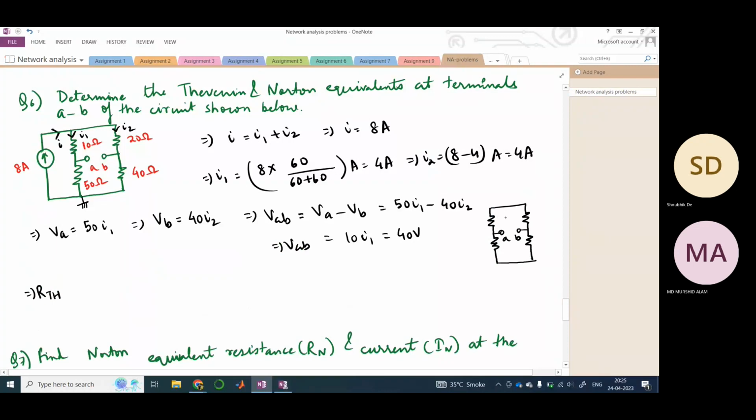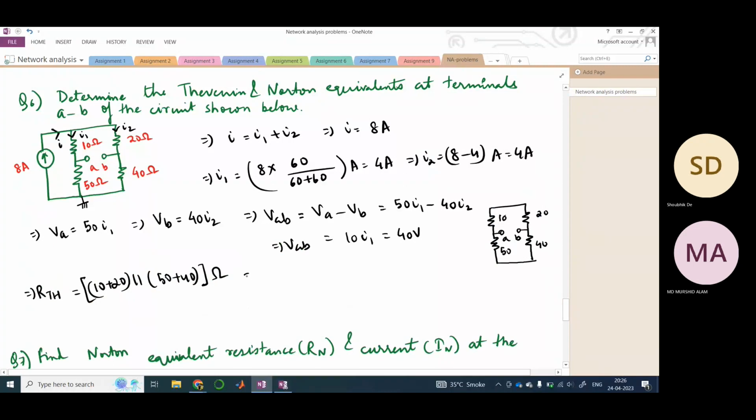So this is 10, 20, 50, and 40, right? This path would be in series and this path would be in series. So therefore, this would be 10 plus 20 parallel to 50 plus 40 ohm.